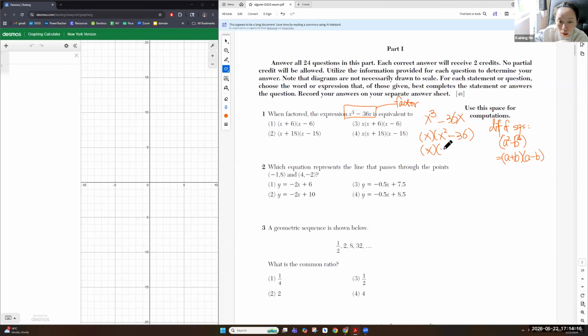So here, that turns into x plus 6 and then x minus 6. This is how you normally do it if you understand the difference of squares and how to do factoring. So you'll have this as your answer.